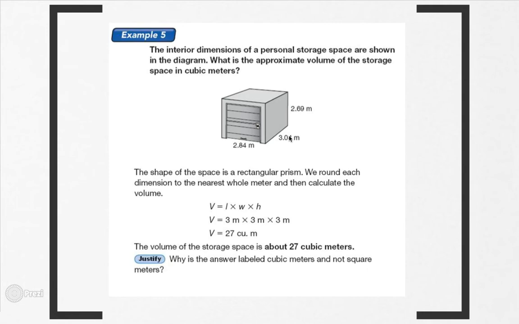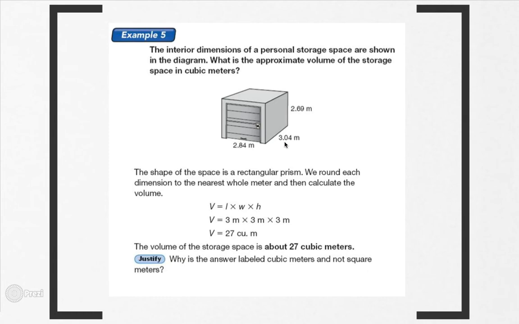All right, example number 5. The interior dimensions of a personal storage space are shown in the diagram. What is the approximate volume of the storage space in cubic meters? Remember, you've got to read the words. Approximate is an estimation word. So we're going to round all these numbers. 3.6 gets rounded up to 4, 2.6 gets rounded up to 3, 3.0 gets rounded down to 3, and then 2.8 gets rounded up to 3, and they're all in meters.